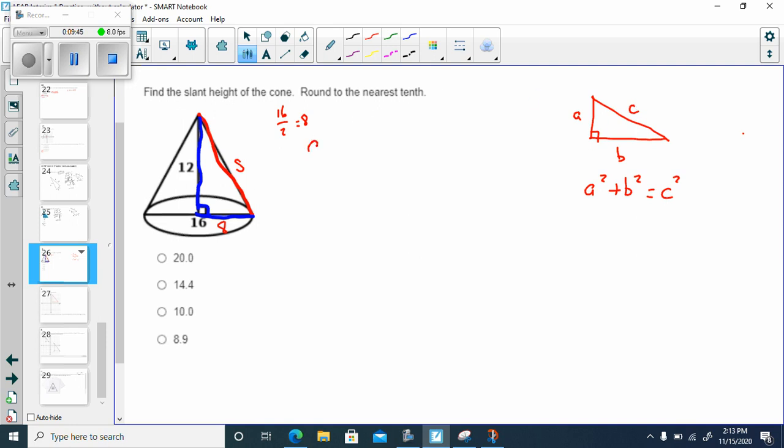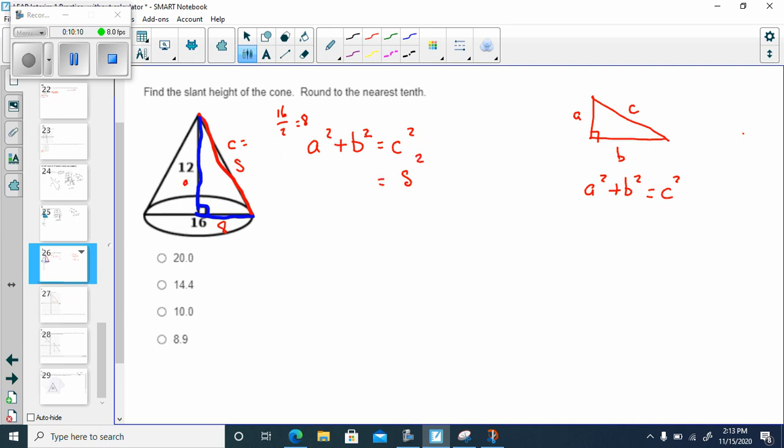So let's put our formula here. A squared plus B squared is equal to C squared, because we're looking for a side in a right triangle, aren't we? We can make a right triangle out of this, and we're looking for this side right here. First, we've defined the C. It's across from the right angle. That C would be this slant height, wouldn't it? So I'm going to put the S in there.